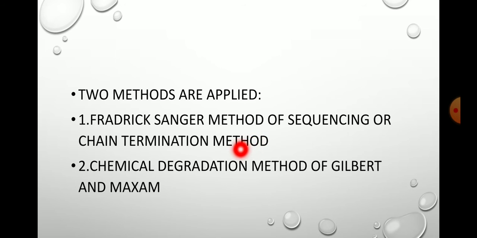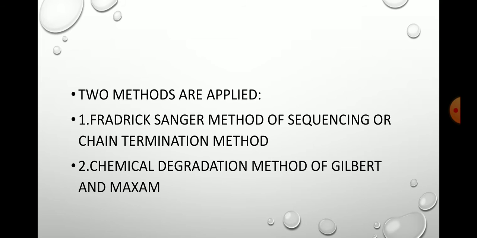It means the chain is terminated by addition of ddNTP at position number 3 of a ribose sugar. Now the second method is called the chemical degradation method, or Maxam and Gilbert method of DNA sequencing. These are the two methods, but method number 1 is frequently applied in sequencing. So we will discuss the Sanger method of DNA sequencing.